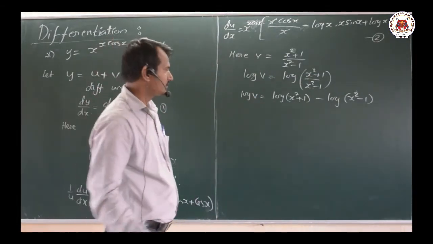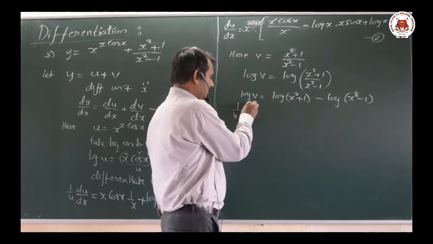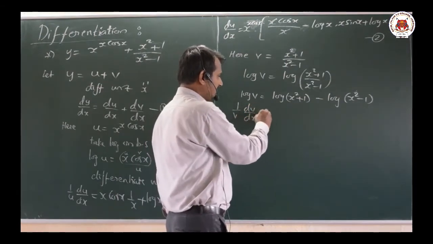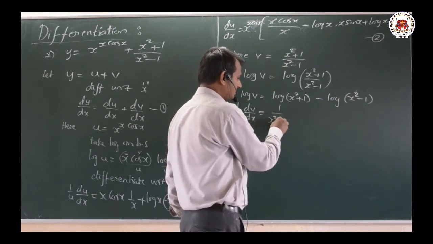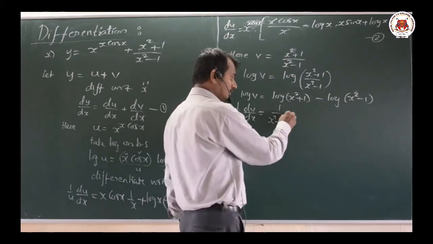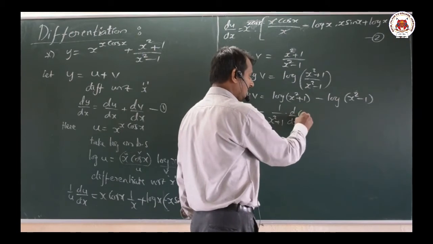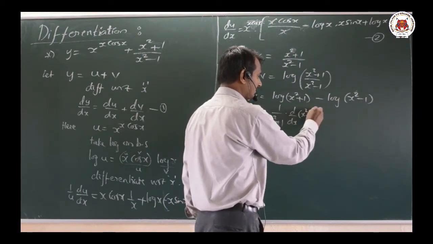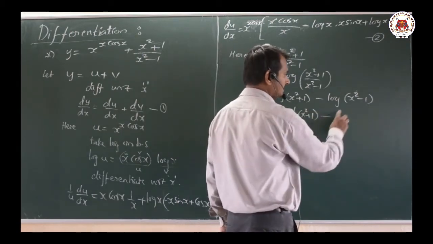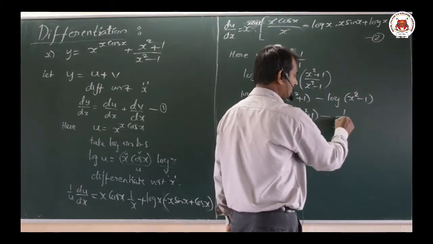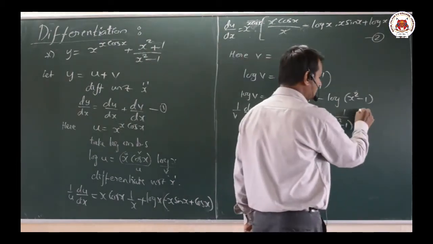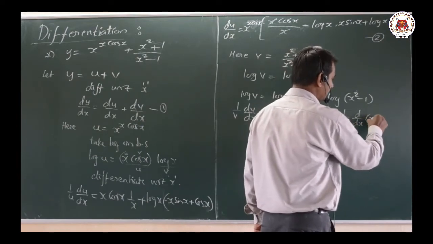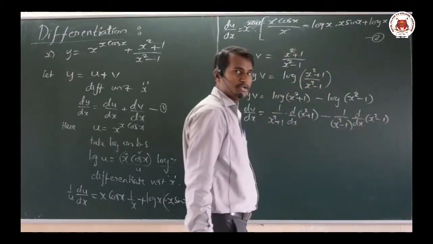Now the next part is to differentiate directly. What is the differentiation here? That is 1 by v into dv by dx equal to 1 divided by x square plus 1, further d by dx of x square plus 1, minus of the whole thing, that is 1 divided by x square minus 1, further d by dx of x square minus 1. Very, very simple thing.